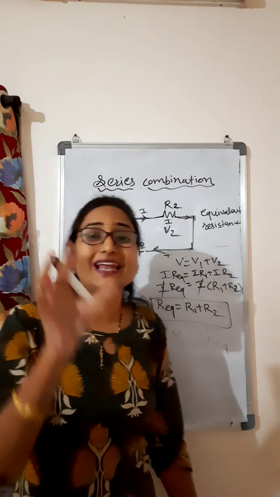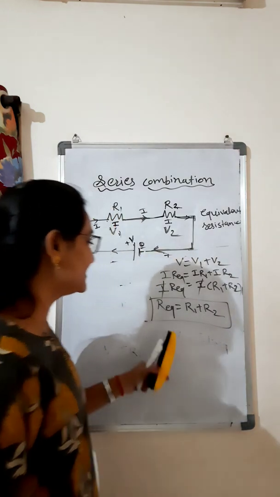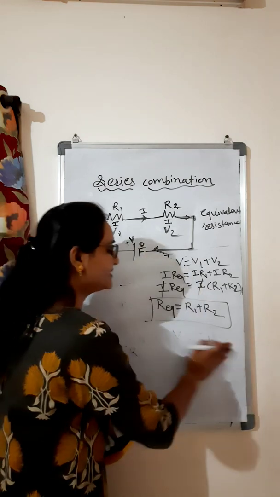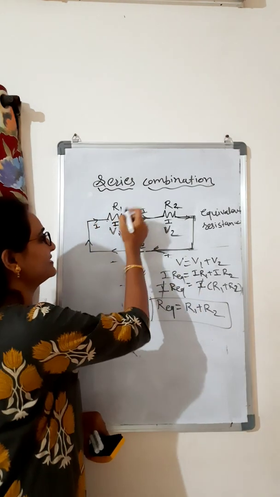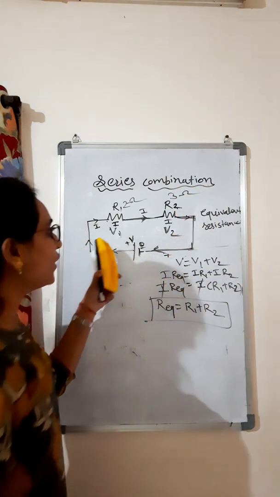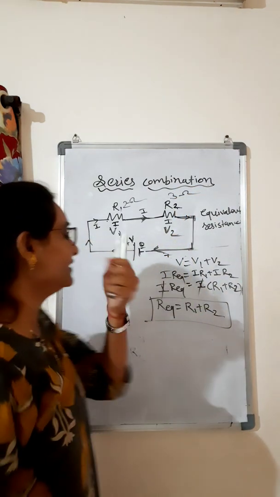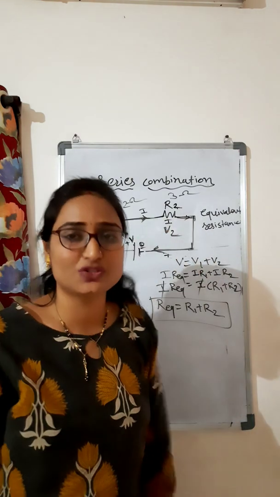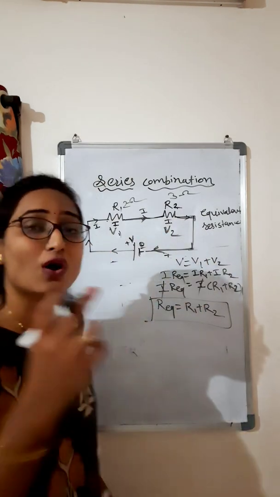If you want to calculate the equivalent resistance for these two resistances, you just have to add R1 plus R2. Suppose this resistance is 2 ohm and this one is 3 ohm. What is the equivalent? If I want to keep only one resistance instead of these two in this circuit, which resistance should I keep?